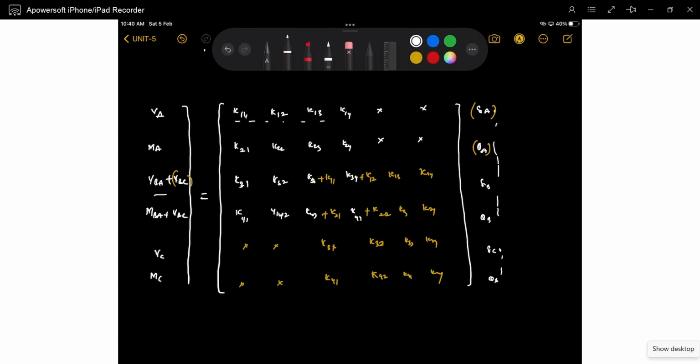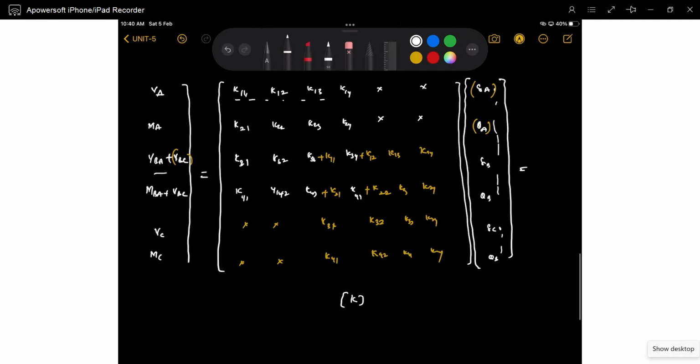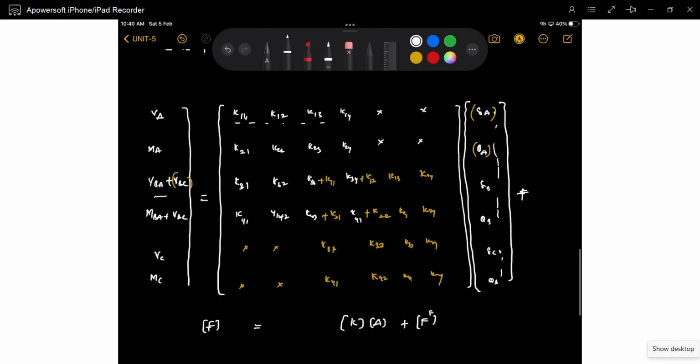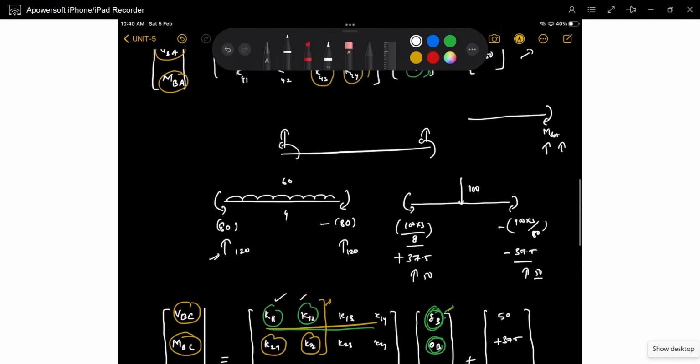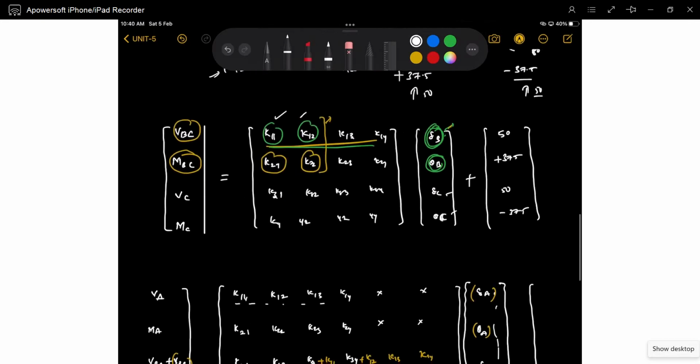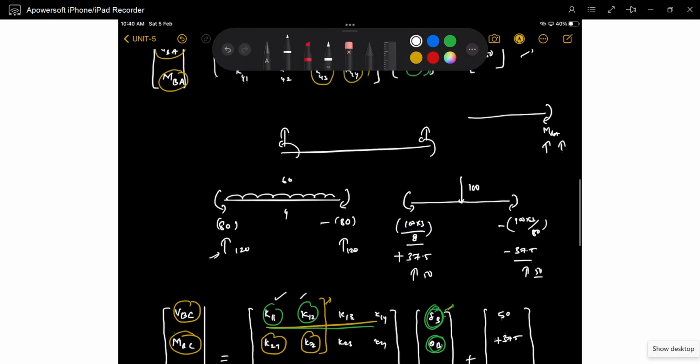These are the displacement vector, the deformation vector, equal to this final matrix K. This is the final force vector, and this is the deformation vector. You write delta plus the fixed end force vector. So what is the fixed end force vector? Just add it: 120, 80, 120, 80.